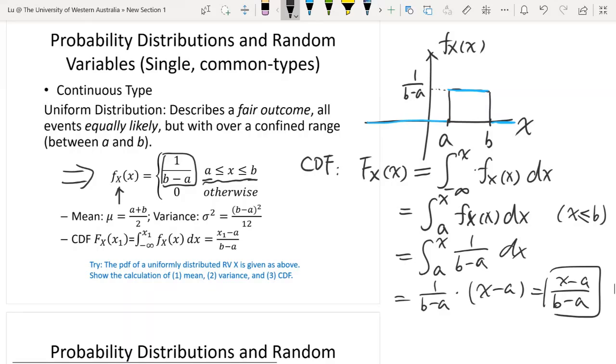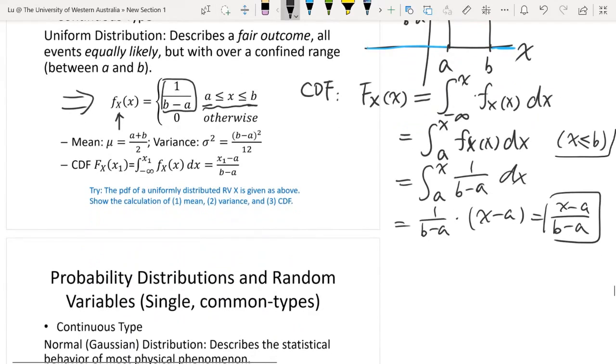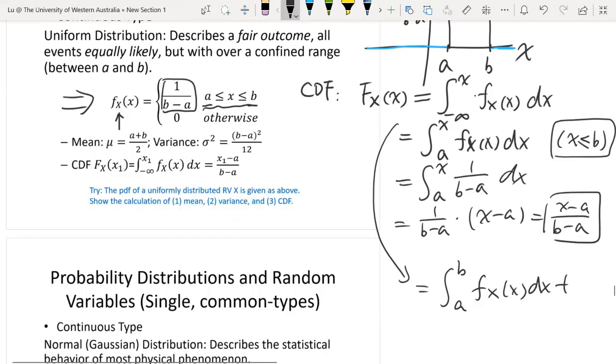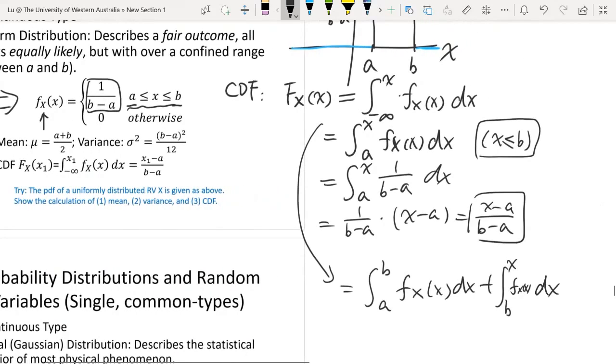Okay, and how about if x is greater than b? This condition is changed. So this case is equal to the integral from a to b of f of x dx plus, because x is greater than b, the integral from b to x of f of x dx.